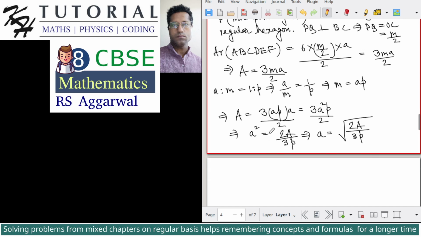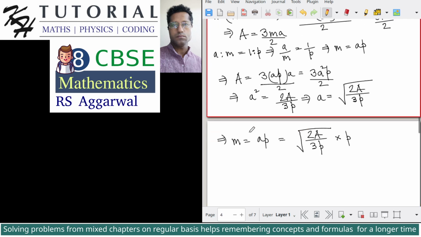Now we know that small m is equal to ap. This now will be equal to, a we have found to be the square root of twice A by 3p, and this multiplied by p. If we take the p inside the square root, it will become p square.